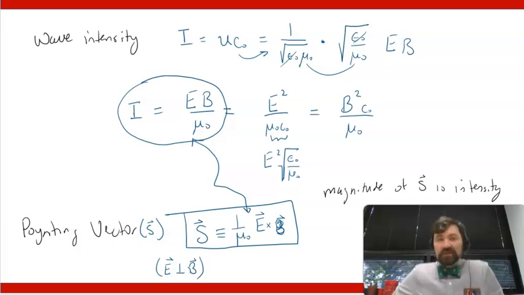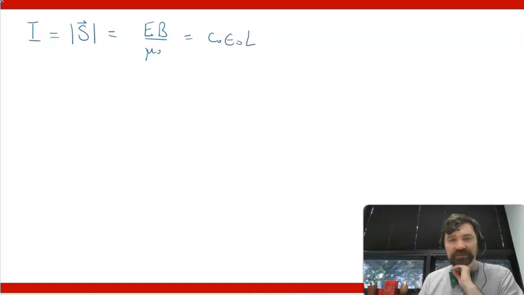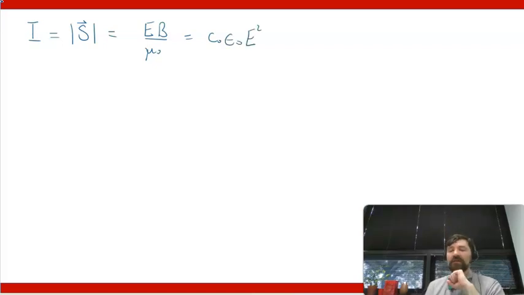All right, so that's basically the power of this Poynting vector. Miscellaneous stuff that we can do with that. We already know that the intensity, or the magnitude of S, would look like E times B over mu naught, or C naught epsilon naught E squared, etc. But this is our instantaneous value.